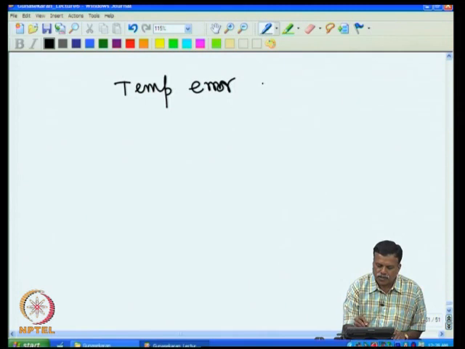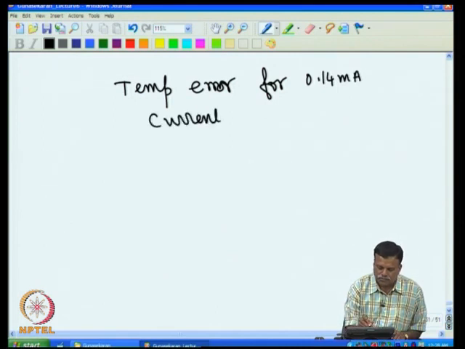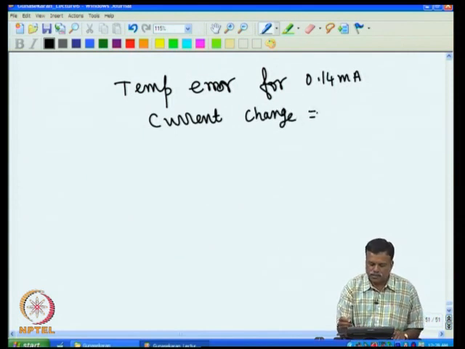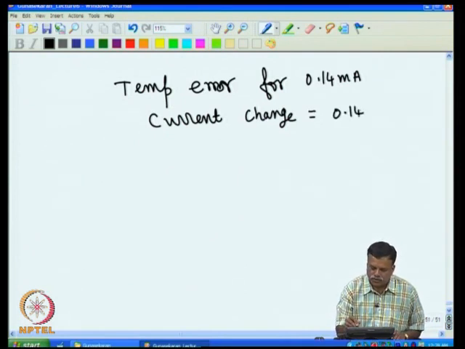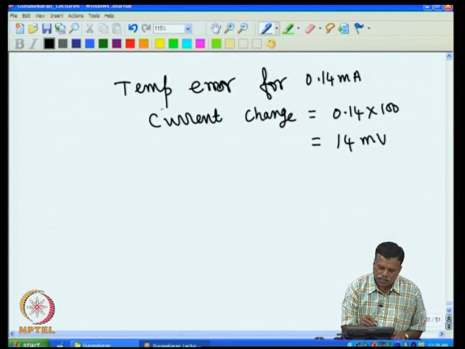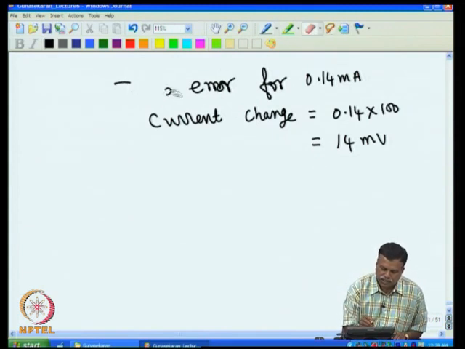The temperature error for a 0.14 milliampere current change is equal to 0.14 into the PRT resistance, that is 100 ohms. That is a voltage, so that will be a 14 millivolt change. That is the temperature error, or voltage error. I can write it as a voltage error here.